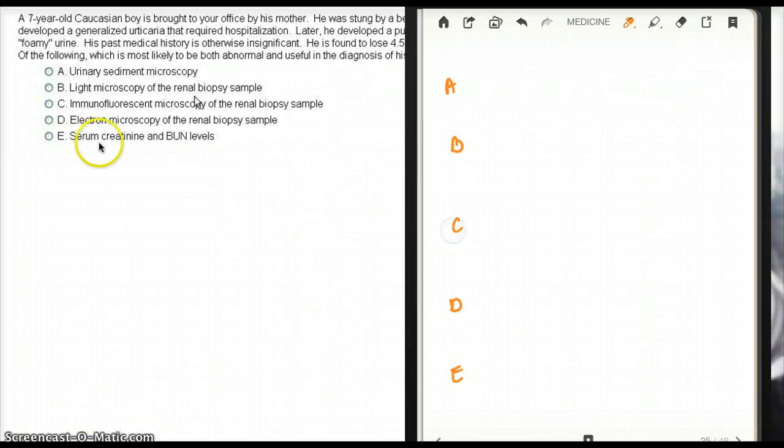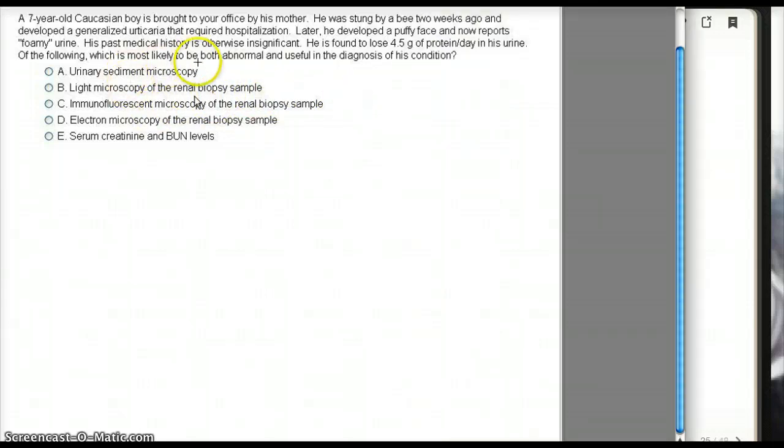Option A says urinary sediment microscopy. Do we see any sedimentation in minimal change disease? No, the only thing we see is effacement of podocytes in electron microscopy, so that is not a viable choice. Option B, light microscopy of renal biopsy sample. By the way, what's the question? What is the most likely to be both abnormal and useful in the diagnosis of this condition?